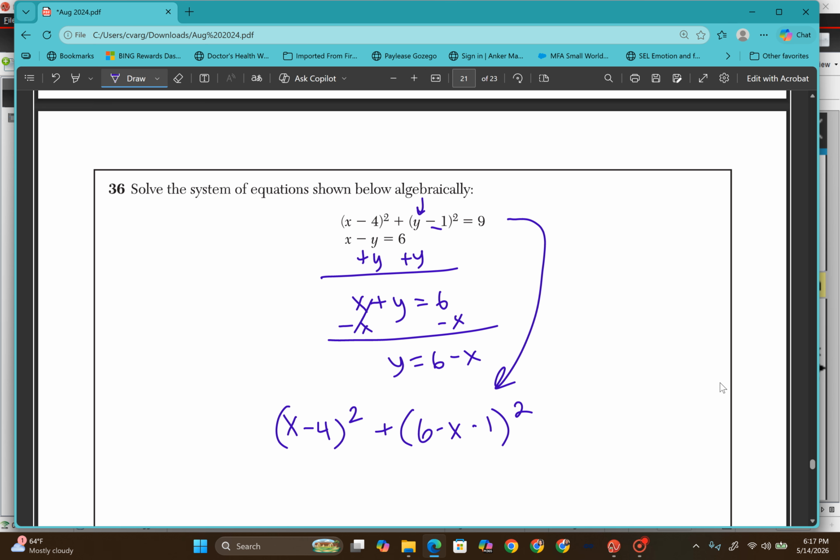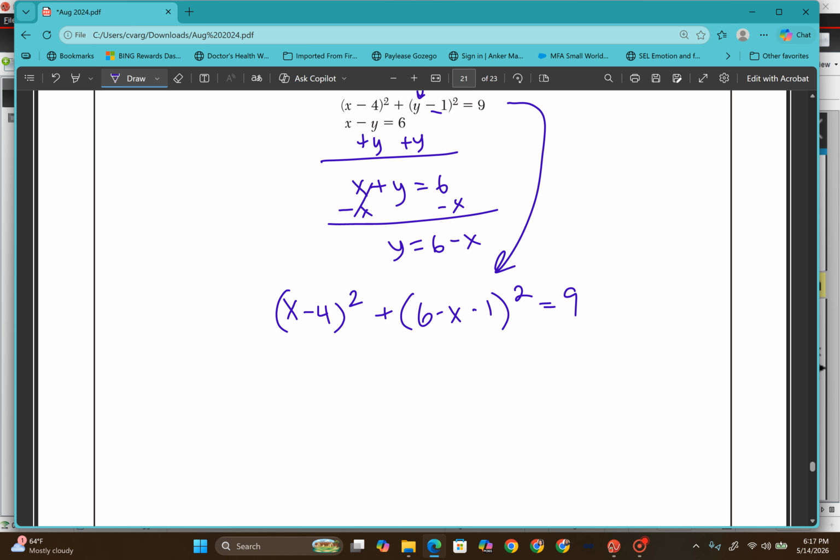Minus 1 squared is equal to 9. Okay. Then you do FOIL here. So x minus 4 times x minus 4 plus 6 minus 1 is 5. No. What?